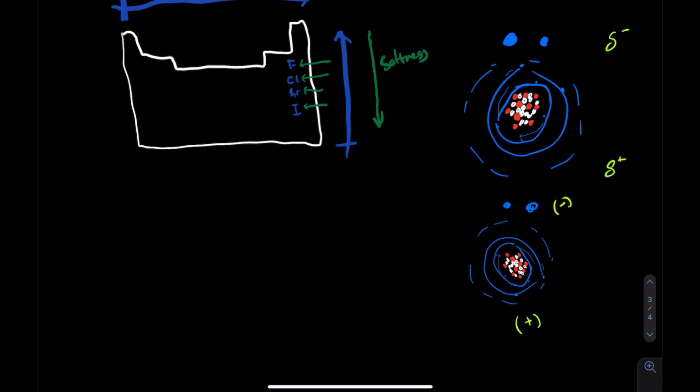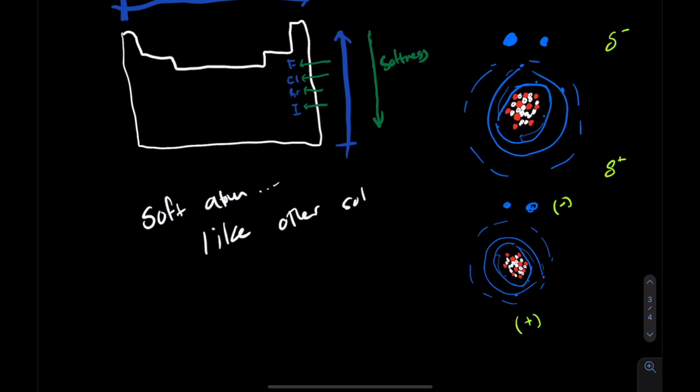So as it turns out, soft atoms, they like other soft atoms. And that's okay. They have found their role, they know who they are, they like what they like, and they should be accepted for that. And we do. Soft atoms like soft atoms.